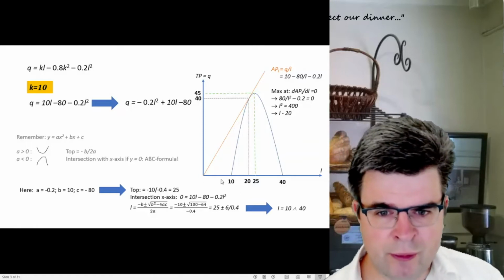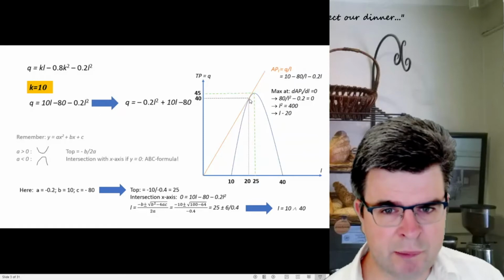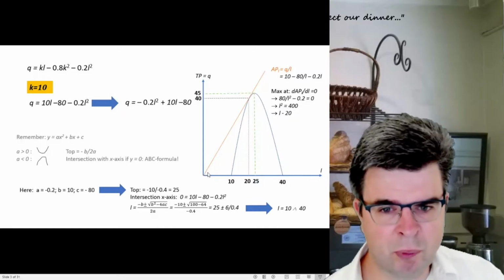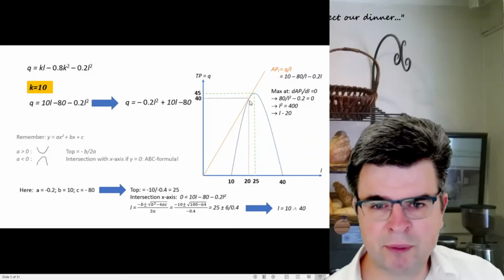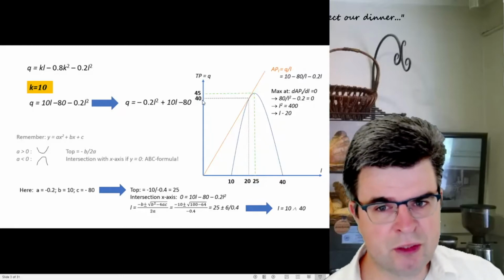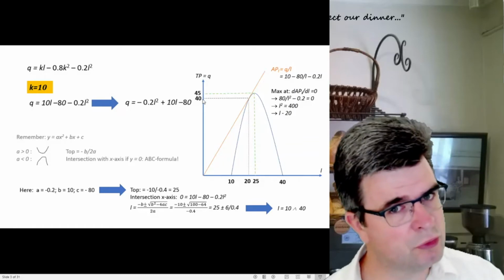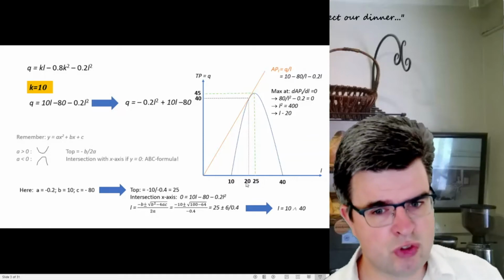And in this curve, so here on the x-axis you have the 20, and this is the point where the average productivity becomes tangent to our production function. So it's the highest point that we can reach. And at that level, you use 20 units of labor, 10 units of capital. Your total production is equal to 40, which means that your average productivity of labor at that point is 2, because 40 units produced with 20 units of labor, 40 divided by 20 is 2.